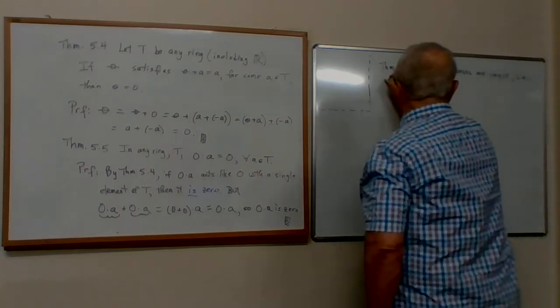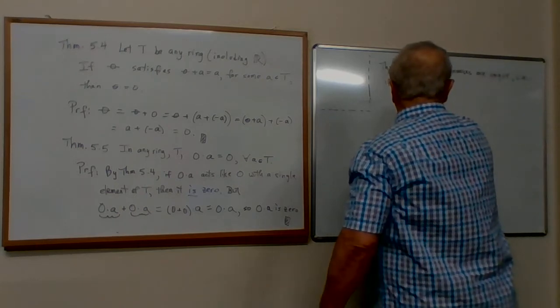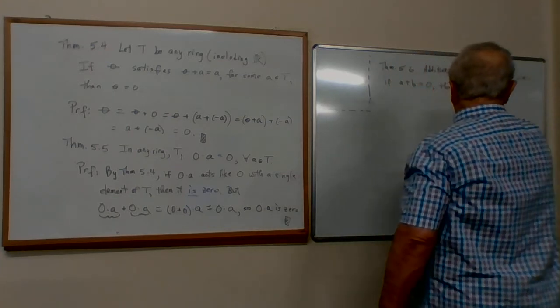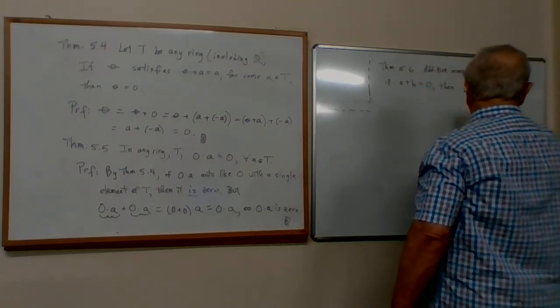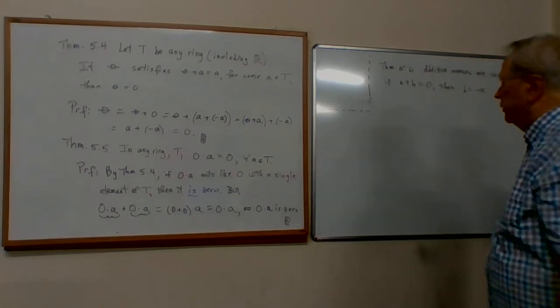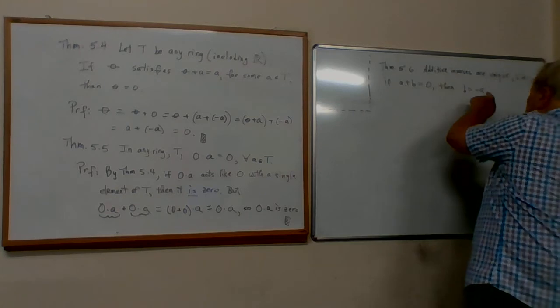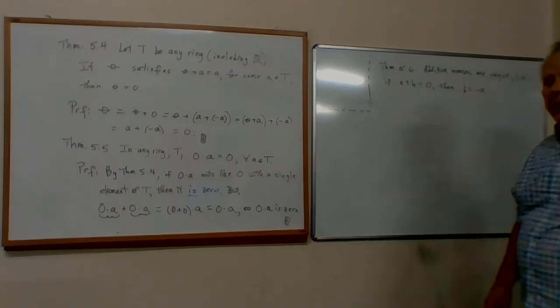I mean, if A plus B equals 0, then B equals negative A. There's only one thing that I can add to A and get 0, and that thing is negative A.